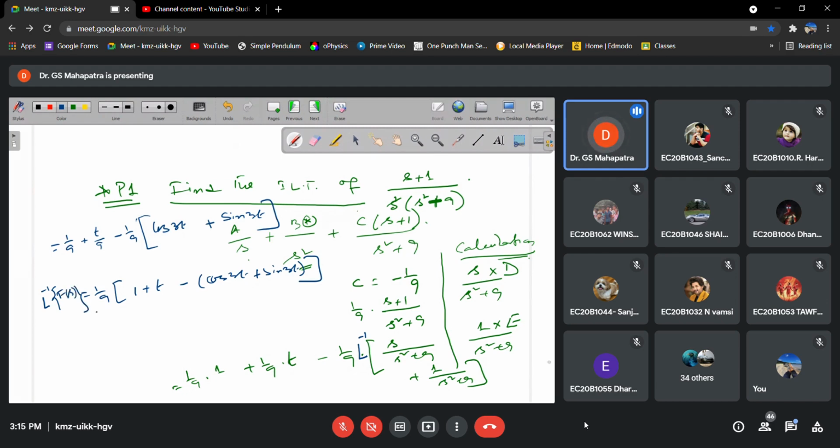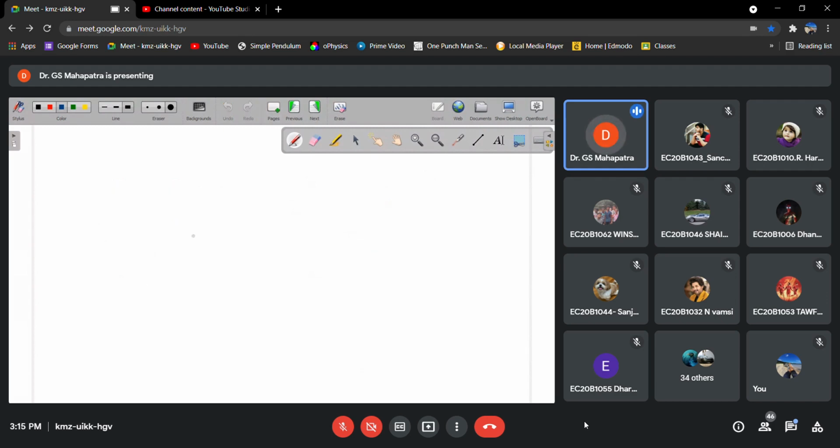Okay, so now I think you can find different types of Laplace transform. Just tell me what is the Laplace transform of e to the power at, f of t? Capital F of s minus a.